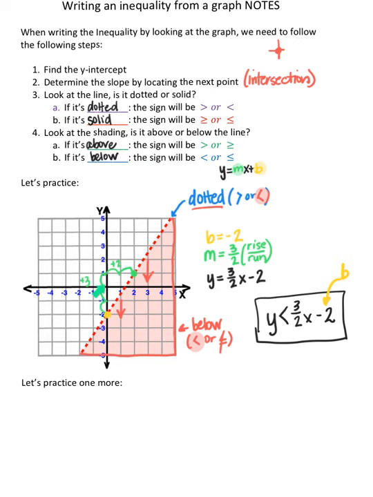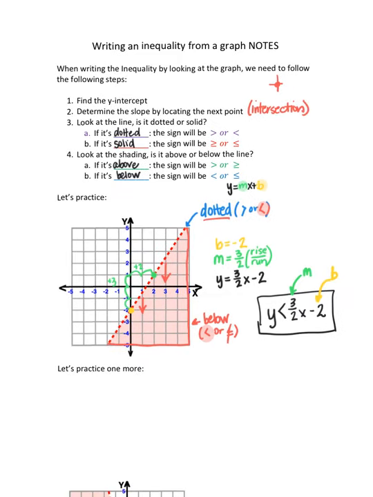So I went up 1, 2, 3 over 1, 2. There's my slope. And it's a dotted line, and it's shaded under. It is less than. Okay, so that was my B. Let's just go ahead and I'll label my M. So that's the inequality for this graph.